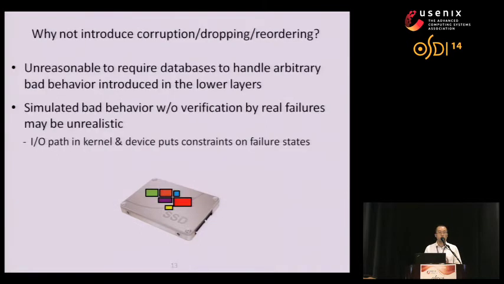We focus on such a simple and nice model for two reasons. First, it seems unreasonable to require databases to handle arbitrary corruptions introduced in the lower layers, given that they so badly violate the API contract of the underlying storage system.